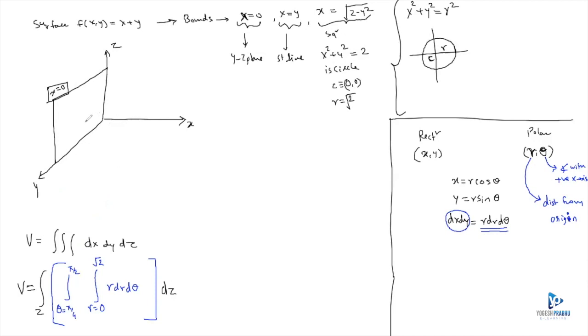Okay. And that circle sits here. Please understand this circle is on this xy plane. It's part of this plane. All right, so let this go. And then x equals y is a 45-degree line.